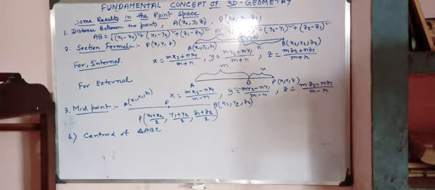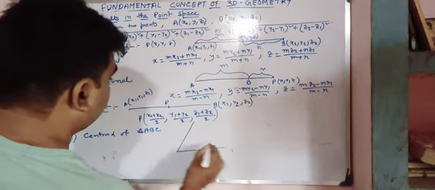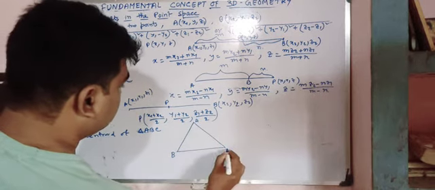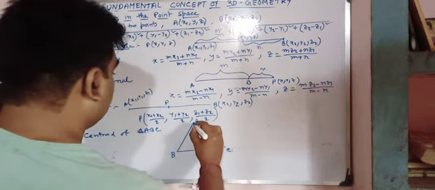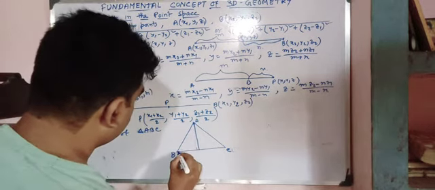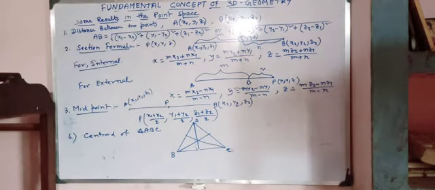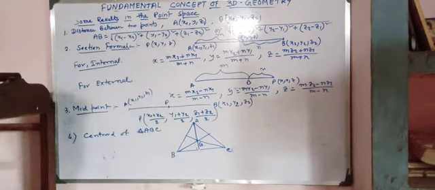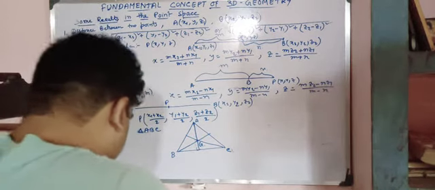It is the point at which the three medians of a triangle intersect. Suppose we take a triangle like that: A, this is B, this is C. This is one median, this is another median, and this is another median. So we can say that this is my G, or centroid. Understood? This is my G.